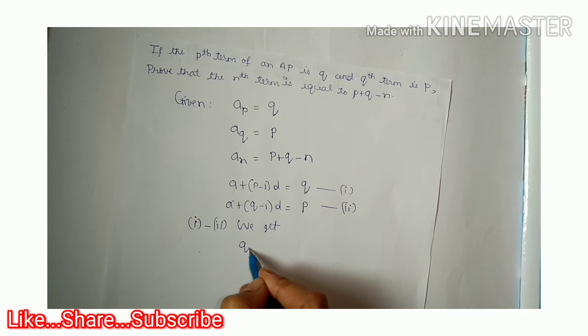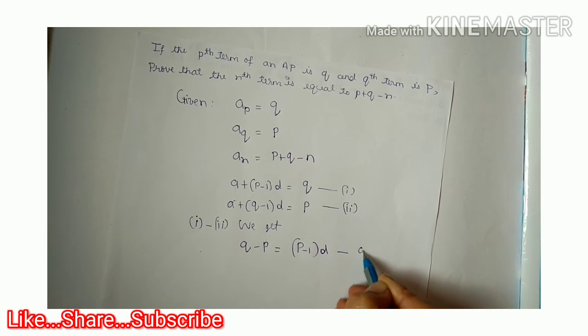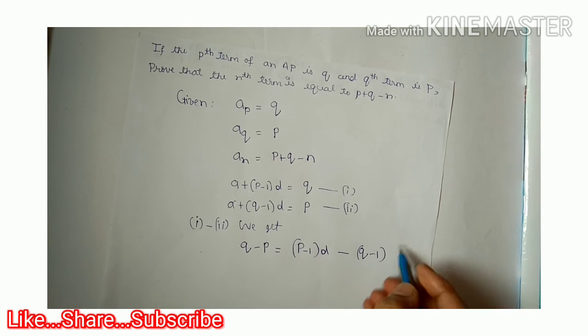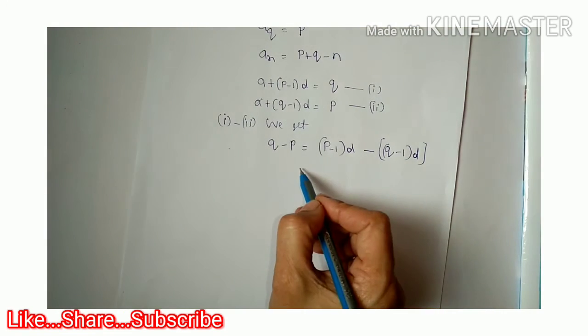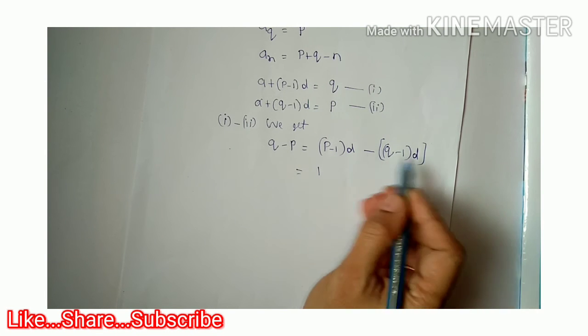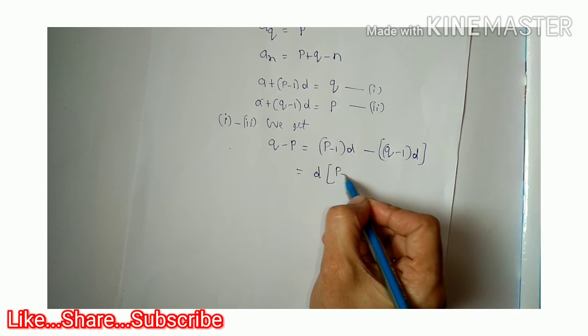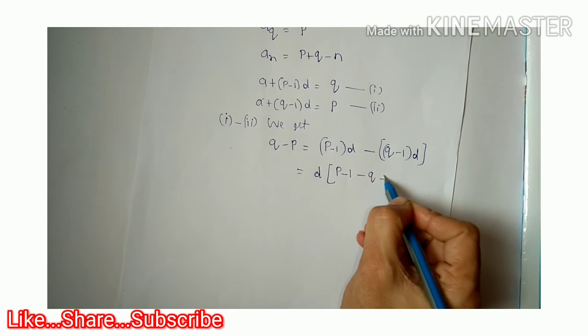q minus p is equal to (p minus 1) into d minus (q minus 1) into d. Here d is common, take d out: (p minus 1 minus q plus 1).